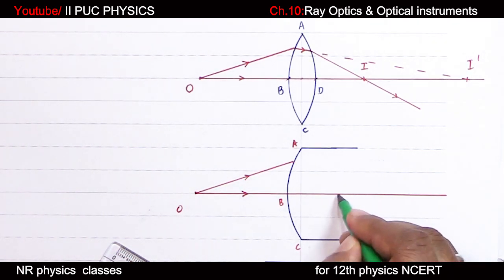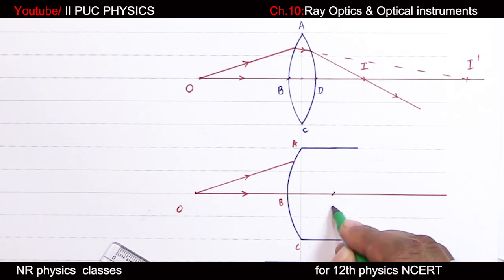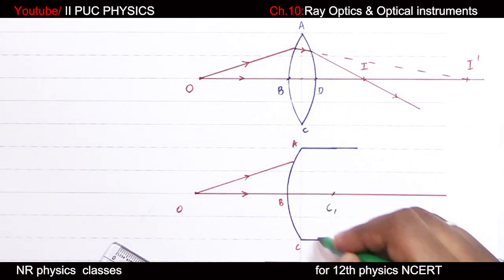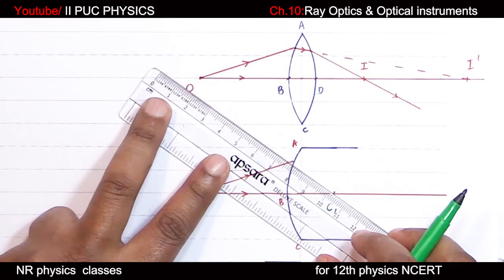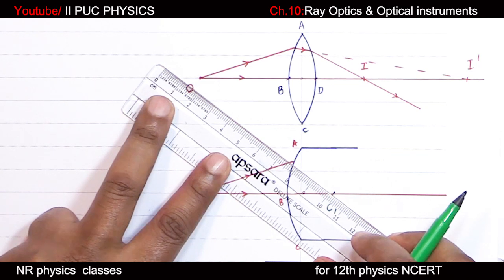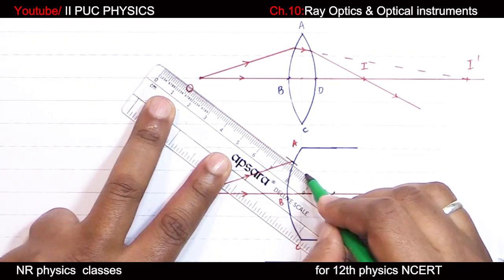Let this be C1, the center of curvature of this spherical surface, and this is the normal drawn at the point of incidence.